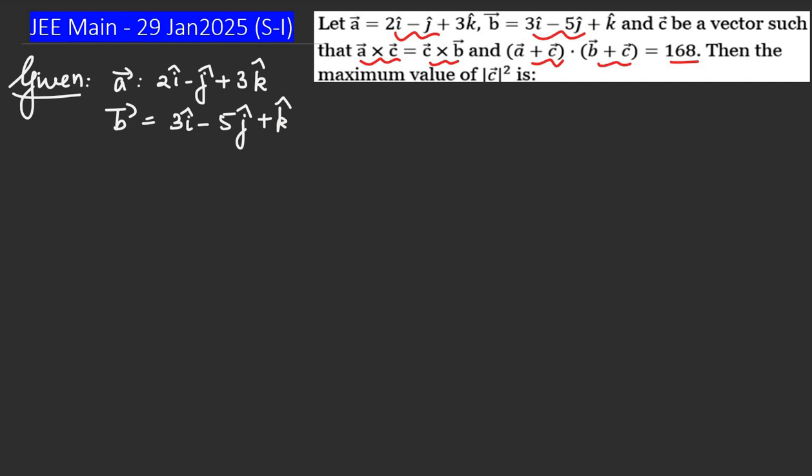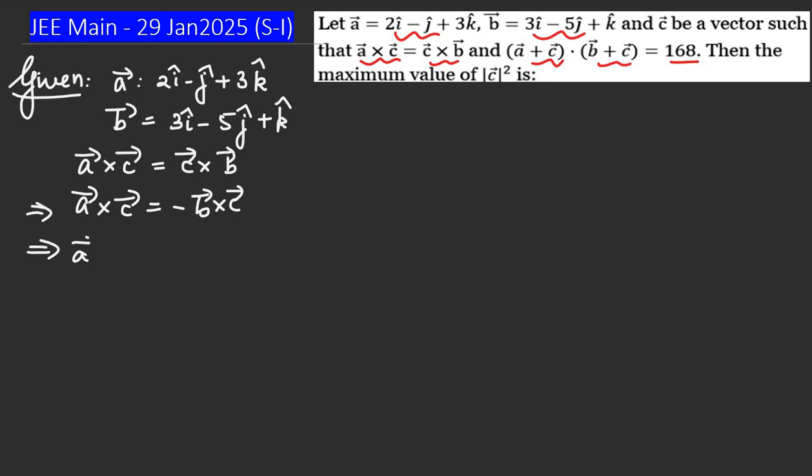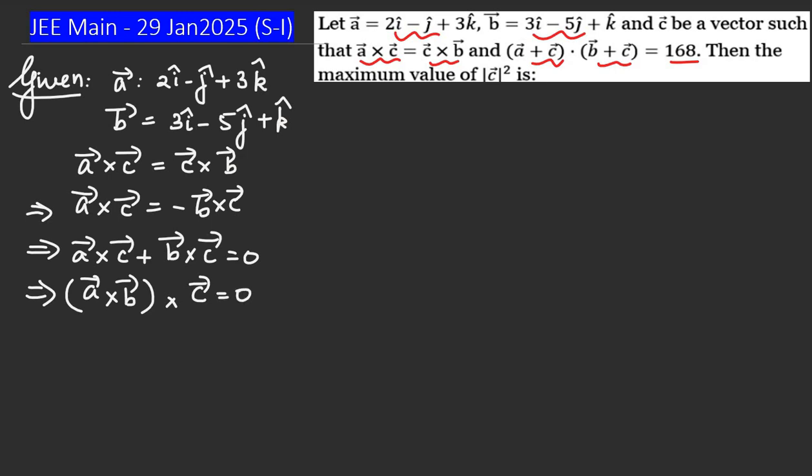Given that A cross C is equal to C cross B, we can simplify this by taking A cross C equal to minus of B cross C using the property of the cross product. So this can again be written as A cross C plus B cross C is equal to 0, or further simplifying using the distributive property, A vector plus B vector cross C vector is equal to 0.